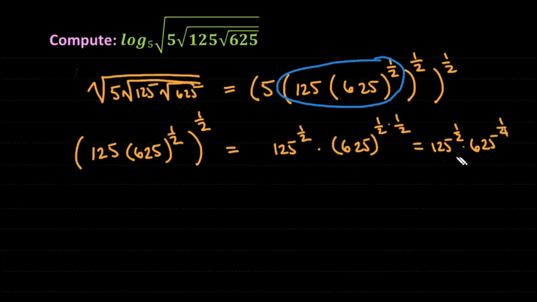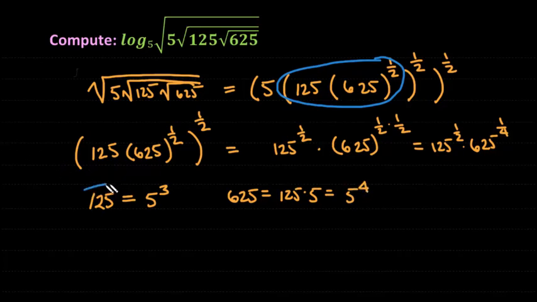Now let us pause here and look at what 125 is. It's equal to 5 cubed. And 625 is equal to 125 times 5, which is 5 to the 4th power.